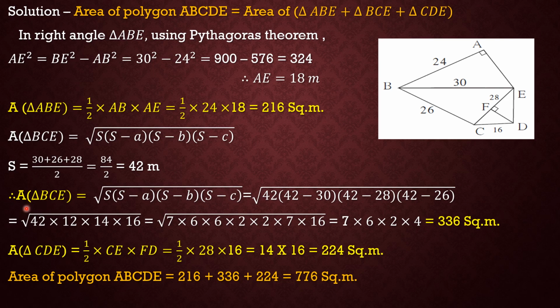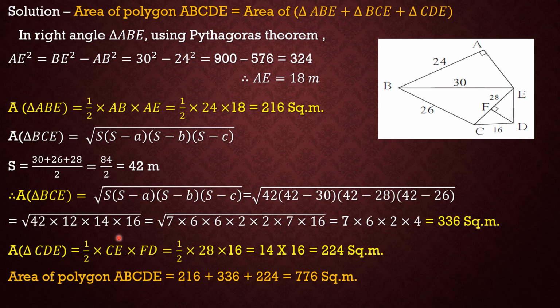So area of triangle BCE is equal to under root S into S minus A into S minus B into S minus C. Put the values. We can write under root 42 into 42 minus 30 into 42 minus 28 into 42 minus 26, that is equal to 42 into 12 into 14 into 16.